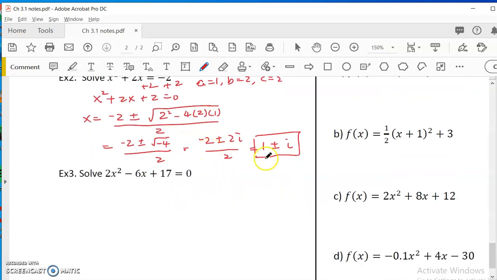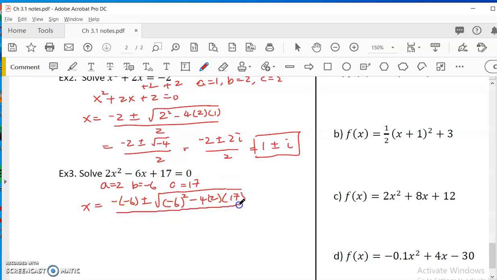So right now, whenever you do a question on the quadratic formula, you can always find a solution. If it's a square root of a negative number, you can write it as a complex number. So what about 2x squared minus 6x plus 17? Let's do this. A is 2, b is negative 6, c is 17. So x is equal to negative b, negative of negative 6, plus and minus the square root of b squared, negative 6 all squared, minus 4 times 2 times 17, right?